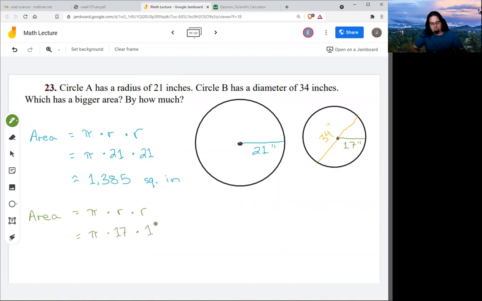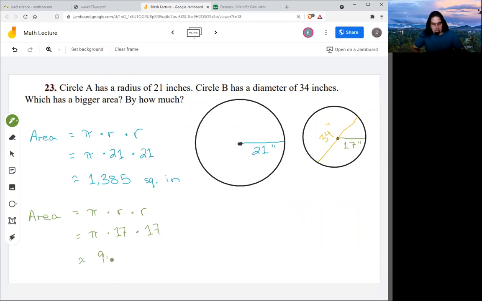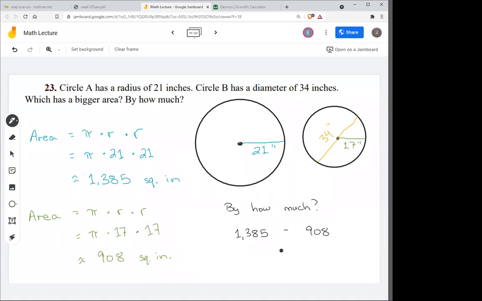Otherwise, I'd already know which is bigger because it's whichever had the biggest radius. So that's about 908. And then by how much? 477 square inches. Okay.